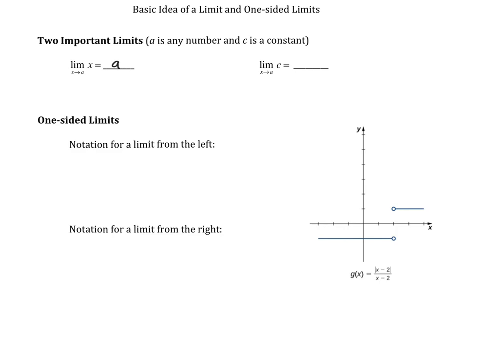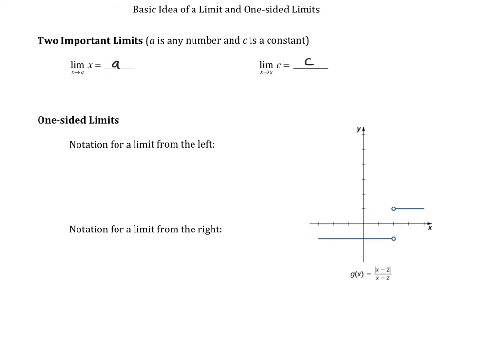And the second important limit is the limit as x approaches a of a constant function. That's going to be equal to c, the value of the constant function itself. And what we're going to do in the future is use these two important limits to calculate other limits. So I want to mention that to you first.